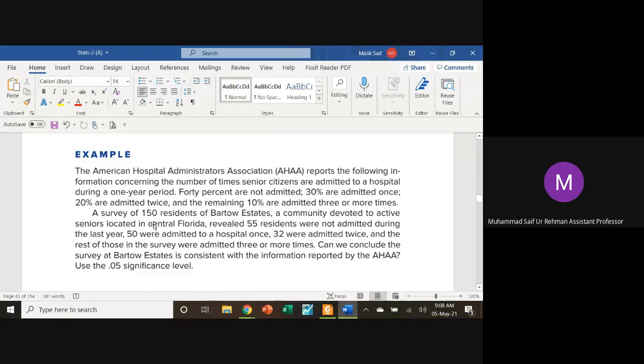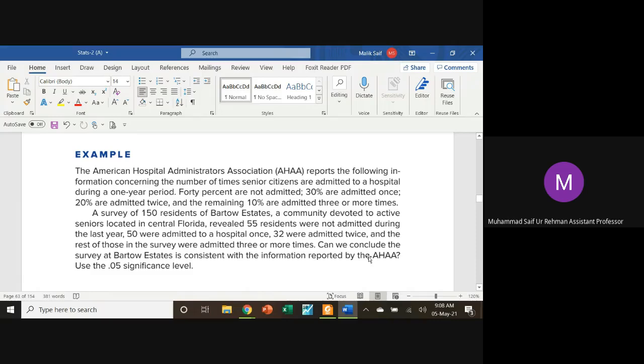A survey of 150 residents of Bartow Estates, a community devoted to active seniors located in central Florida, revealed 55 residents were not admitted during the last year. 50 were admitted to a hospital once, 32 were admitted twice, and the rest of those in the survey were admitted three or more times.